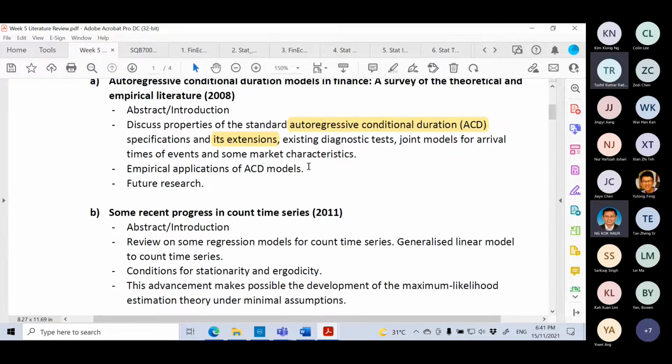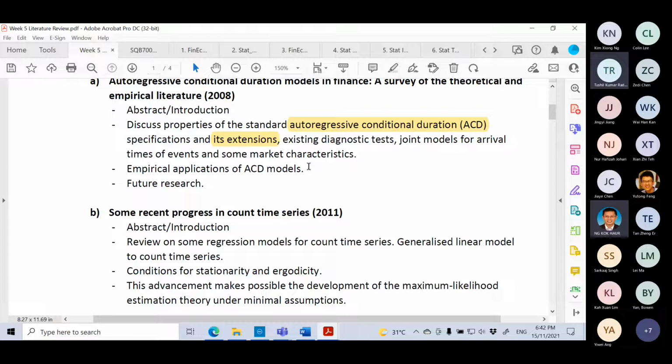The second survey paper I found, unlike the first one which is related to finance, the ACD model, is for those of you working on count time series. This is another survey paper published in 2011. It is about count data, meaning the data is integer.